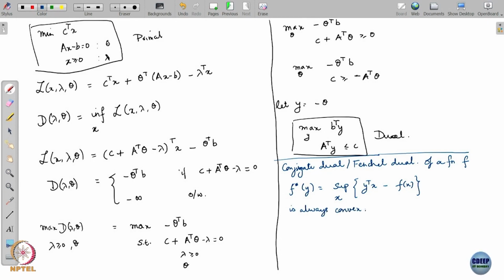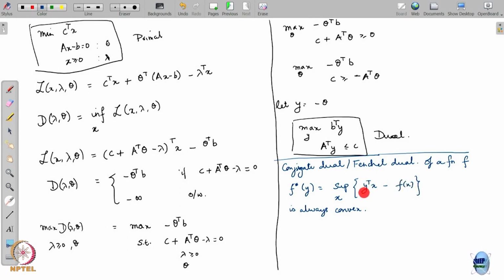So now what is the connection between d and f star? There is a connection in the following sense: what you are taking the supremum of has a resemblance to the Lagrangian.